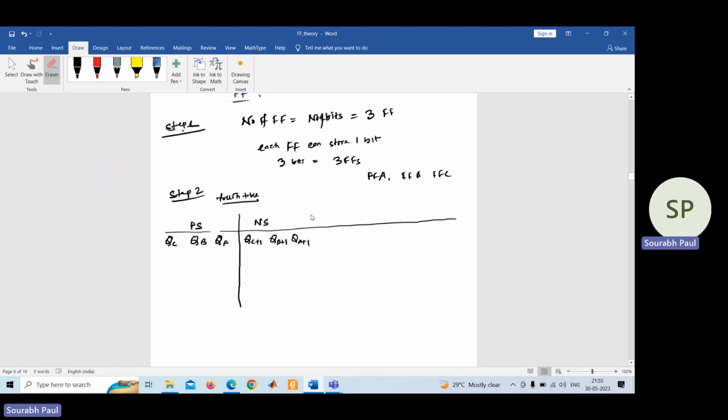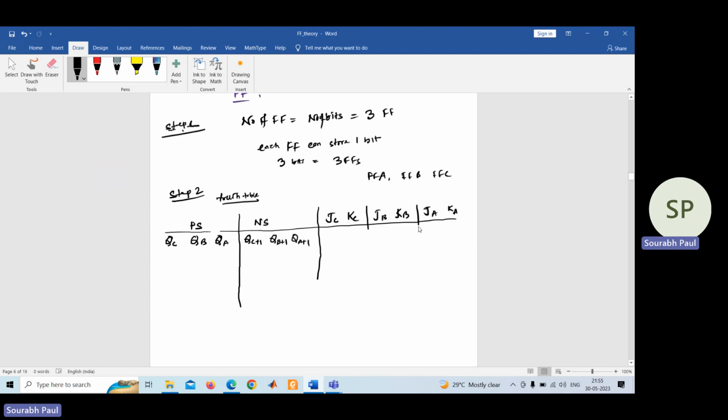Now, using these, we need to determine the values of JC, KC, meaning the input values of flip-flop C, then the input values of flip-flop B, that is JB, KB, and the input values of flip-flop A, that is JA, KA.